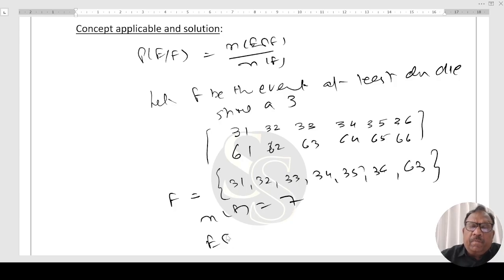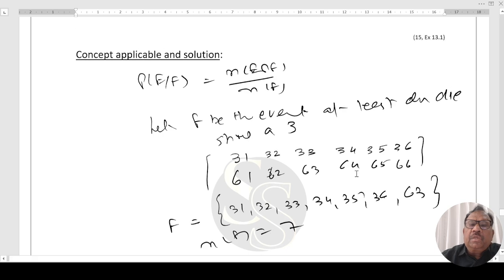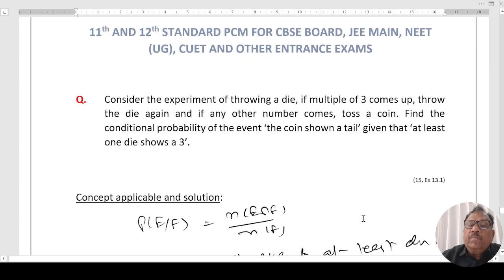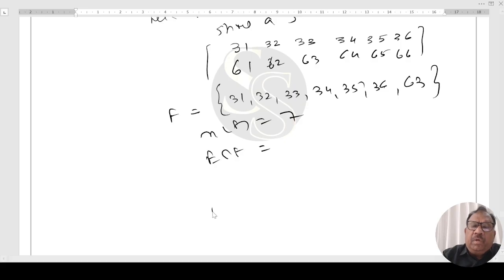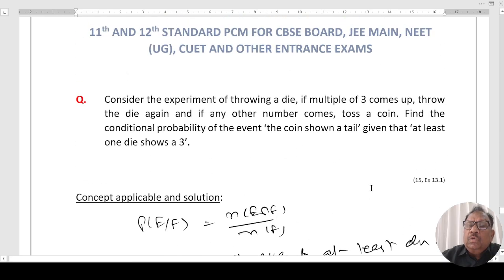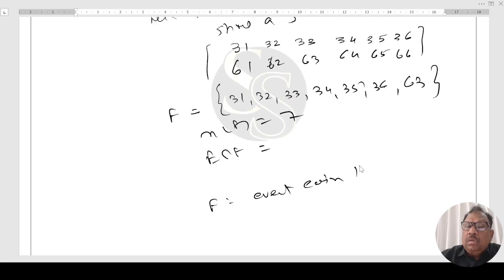E intersection F, what will it be? Find the condition for the coin shows a tail. Let T be the event that the coin shows a tail.